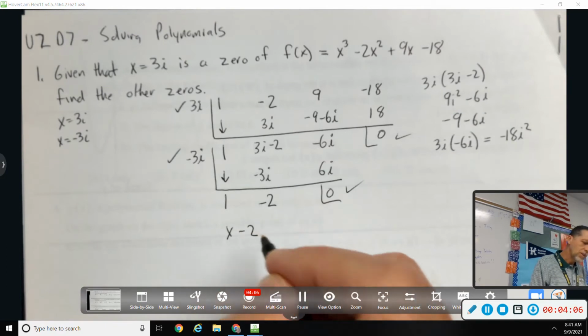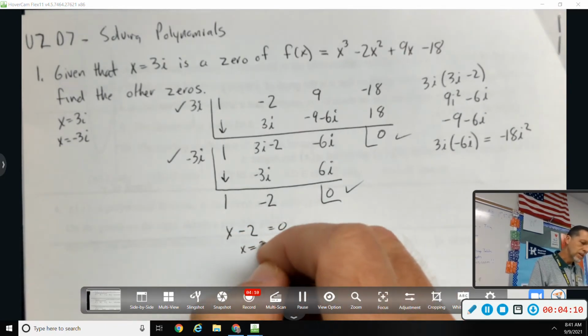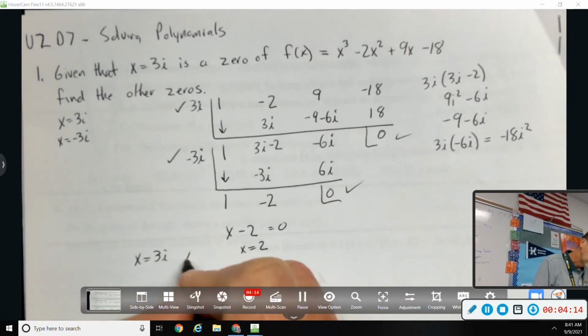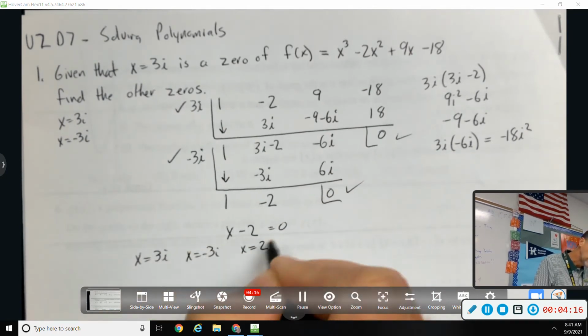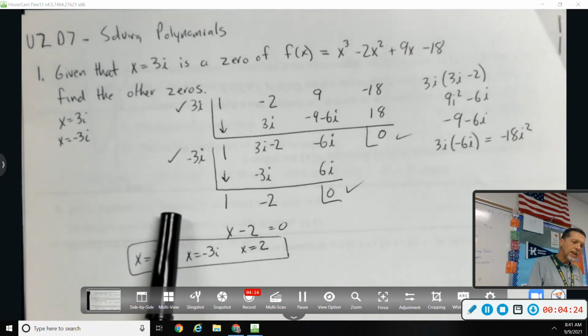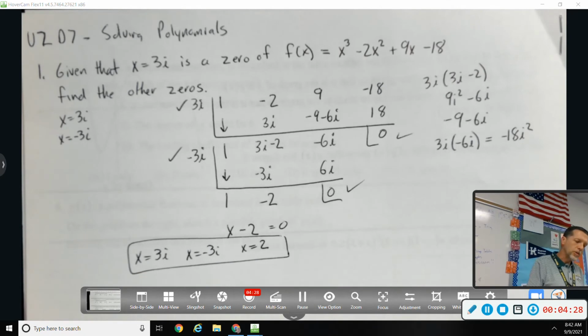X minus 2 means x equals 2. So x equals 3i, negative 3i, and 2. So we synthetic divide, knowing that we're going to get 0 as an answer, but doing it to get reduced coefficients.